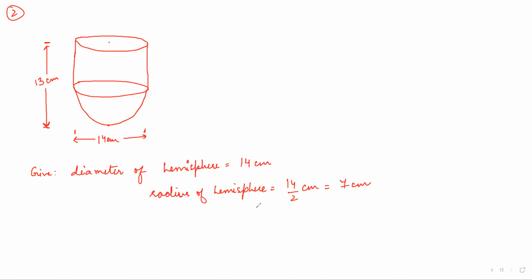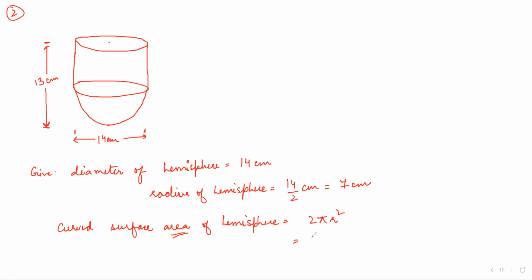So you can obtain the curved surface area of the hemisphere. What is the formula? Just half of the curved surface area of a sphere. So this is 2 pi r square. Area, this is right, 2 pi r square.